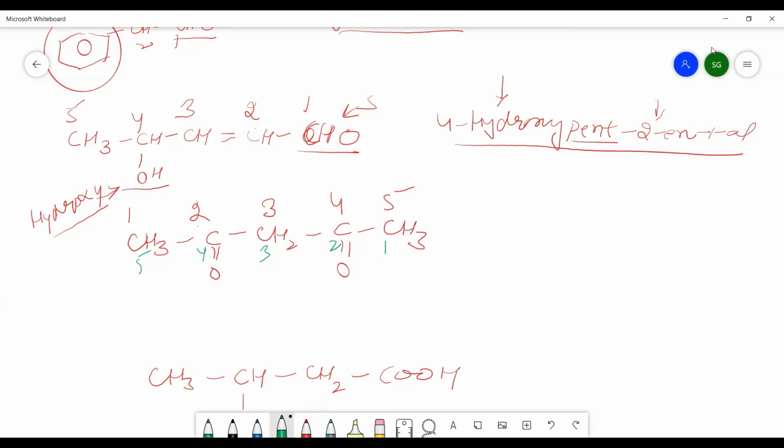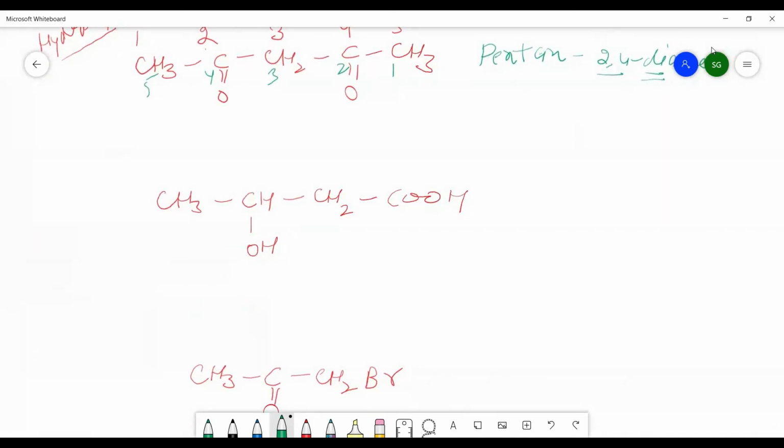So what will become? It is pentane, because there is no double bond or triple bond. So pentane 2, 4 dione. So 2, 4. The second and fourth positions are occupied by the C double bond O group and dione means 2 groups are present. Now another one, here COOH and OH group are present.